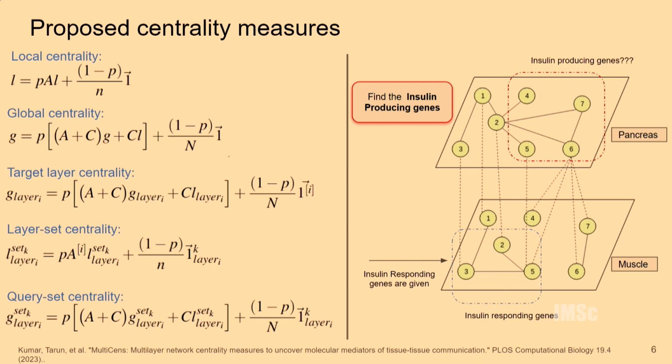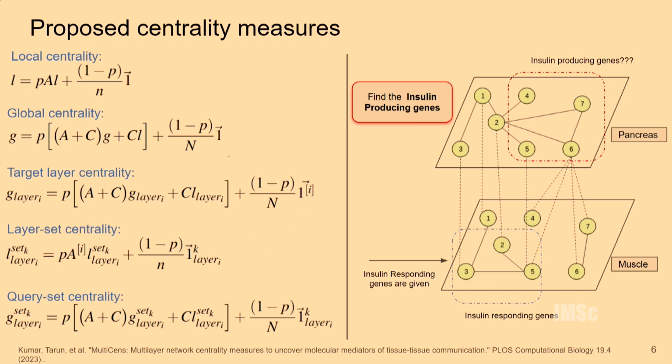So just by looking at this figure, every gene, let's say gene 6 here, has some impact which goes only to pancreas tissue, which is given by this top equation. It has some impact which goes to every other tissue as well, not just pancreas. If there are other tissues, then it goes there as well, which is given by global centrality.